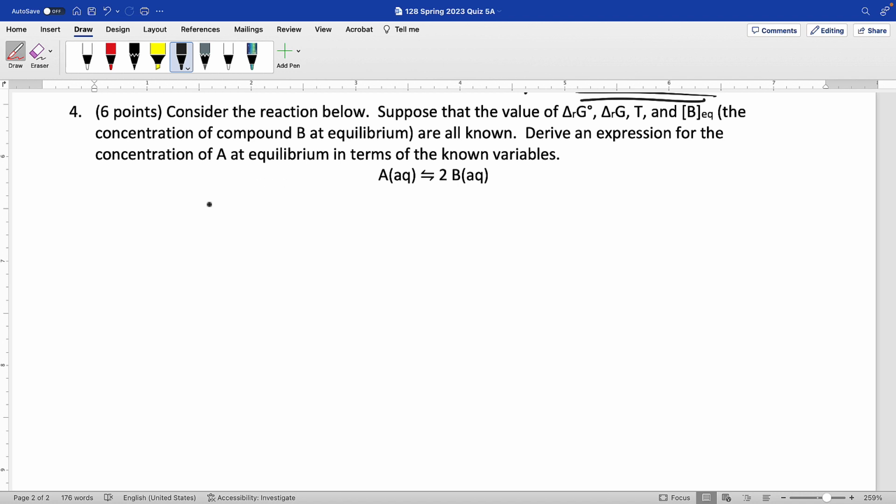So we know that the delta G and the delta G standard are related by this equation, delta G standard plus RT log of Q. And Q is products over reactants at equilibrium. So we can plug that in here.